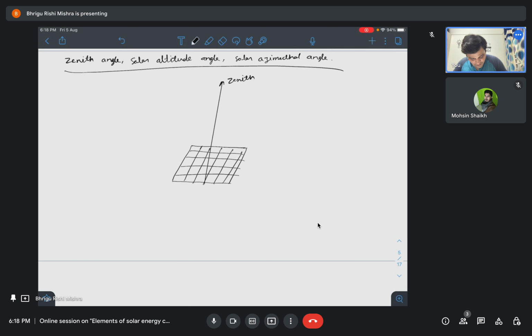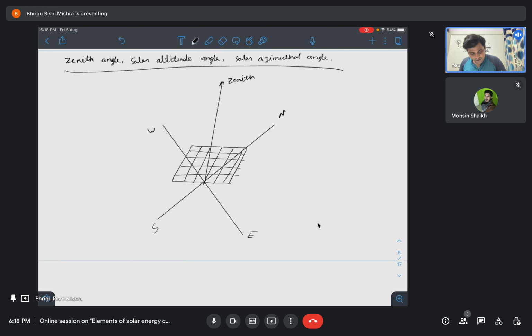Now this is the north south line, and this is the east west line.